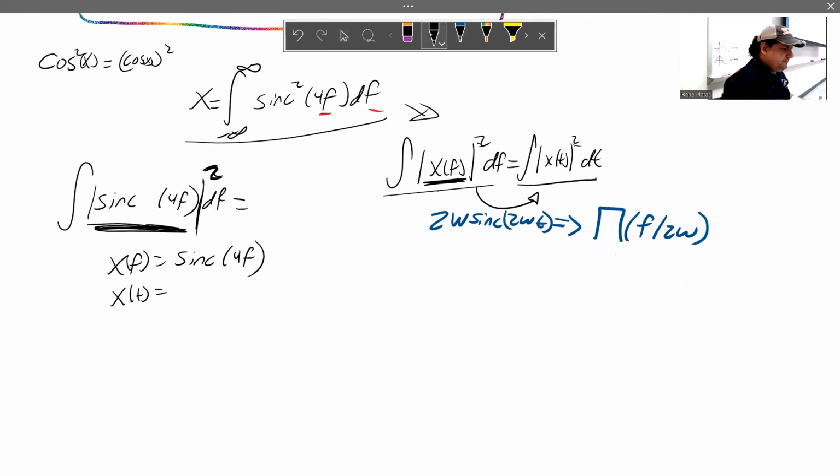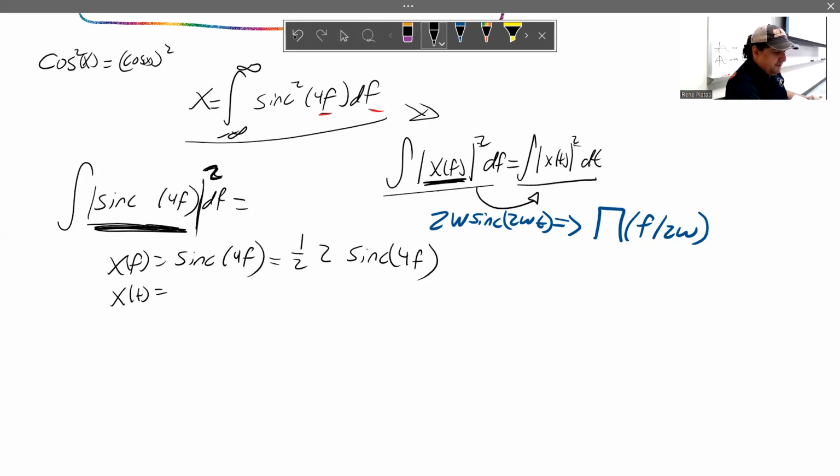Now, how do we turn this into the time domain? Well, we can say this is equal to 1/2 times 2 sinc 4f, still the same thing, because these cancel to become 1.